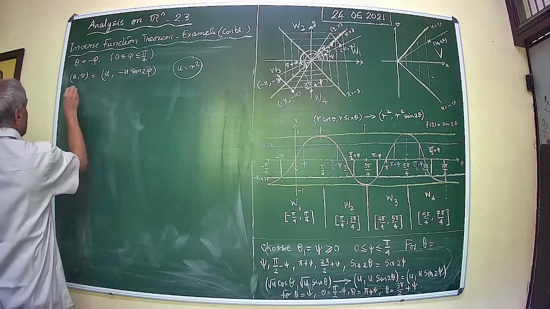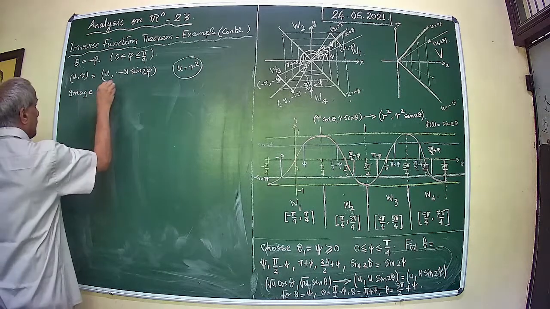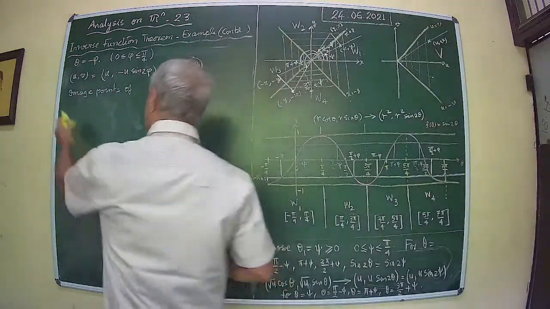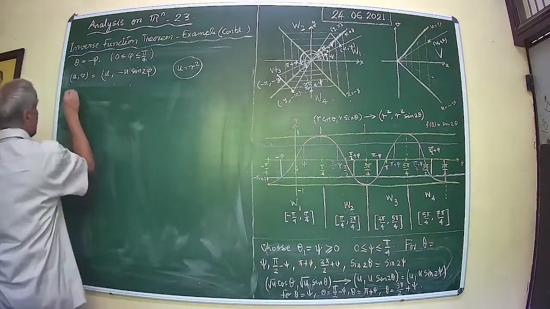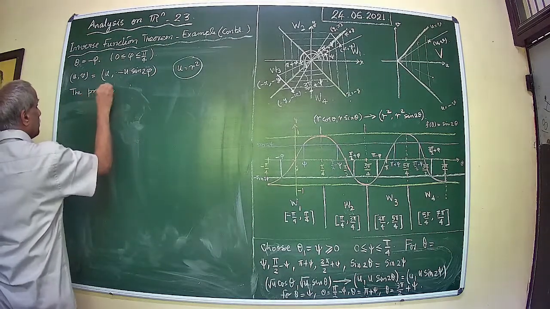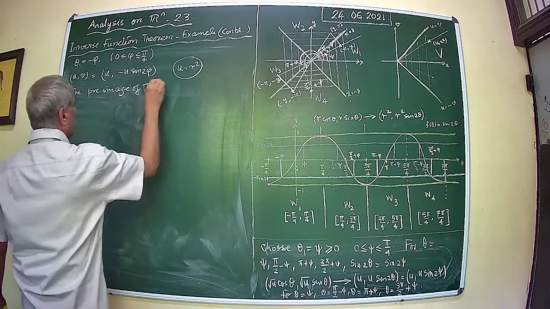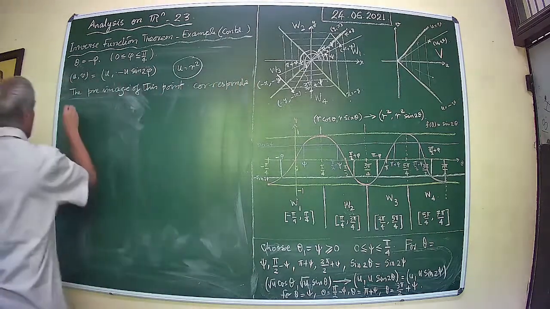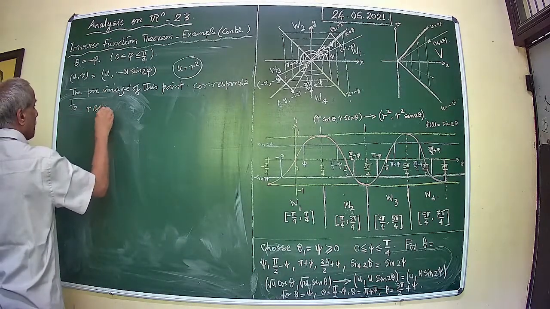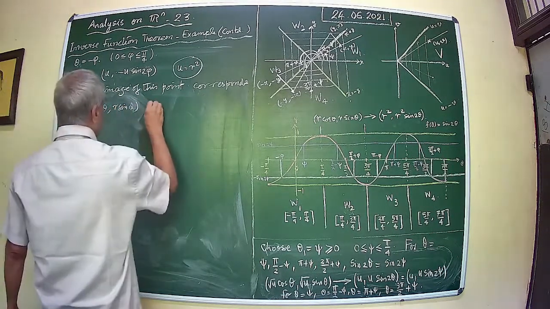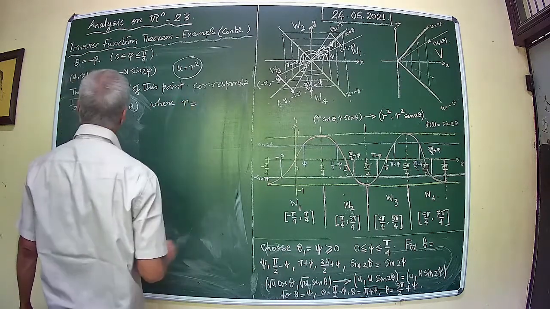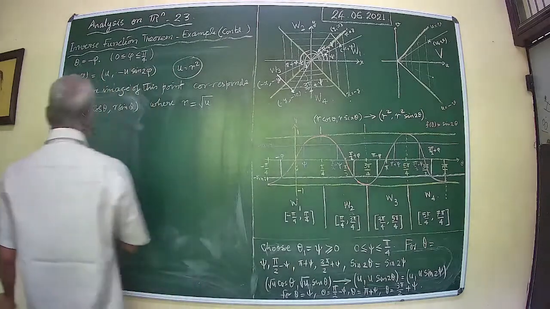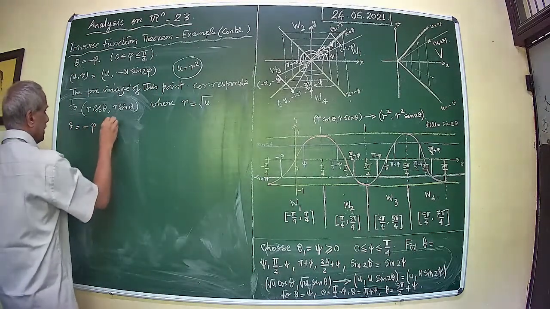So the image points are the pre-image points where R equal to square root of U and theta equal to minus phi.